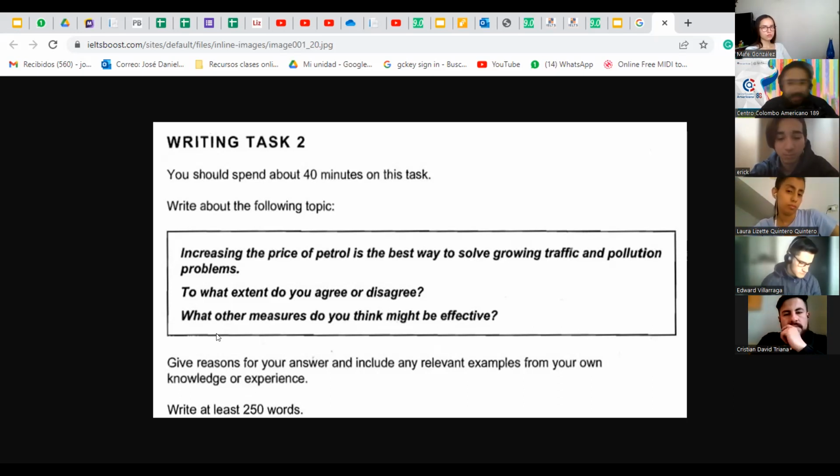So anywhere from 250 to like 270 or 275 would be just perfect for this kind of essay, okay? You probably won't have time to count everything, but an approximation that you can make is just to start writing, and when you finish the first line, count how many words you wrote there, and then do a little calculation.